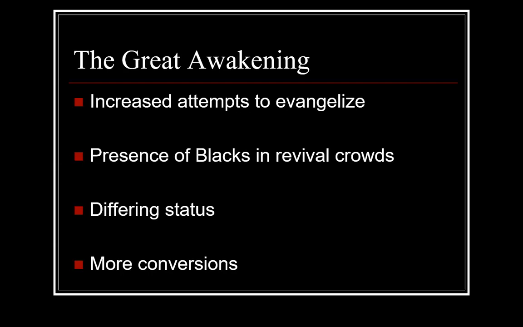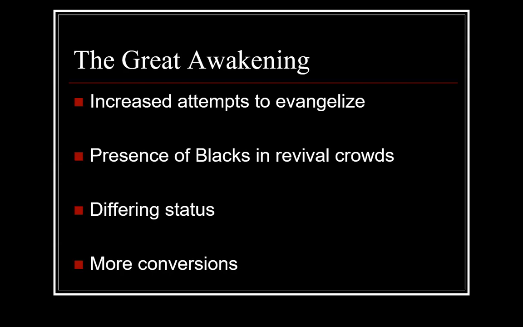That's probably a little high. That's an estimate, but still, you can see how by the end of the 18th century, these groups are greatly increasing the number of both slaves and free blacks that are a part of their group.